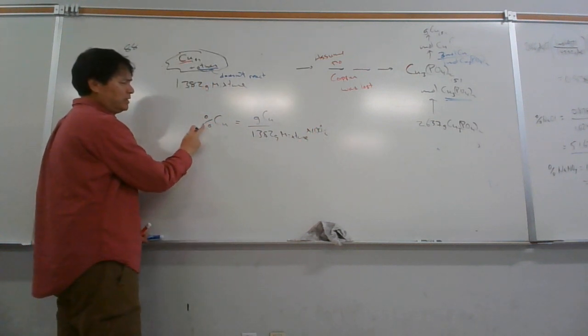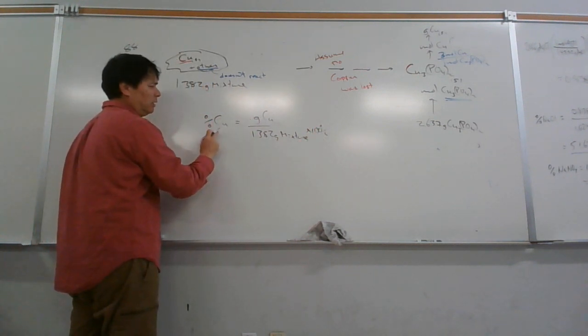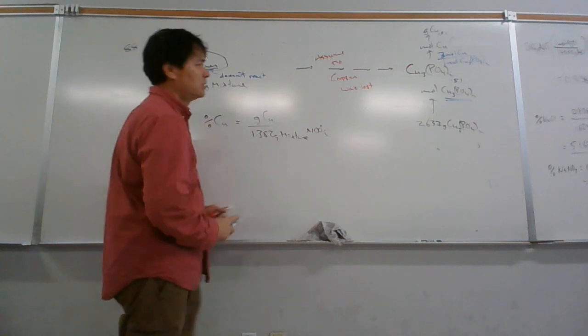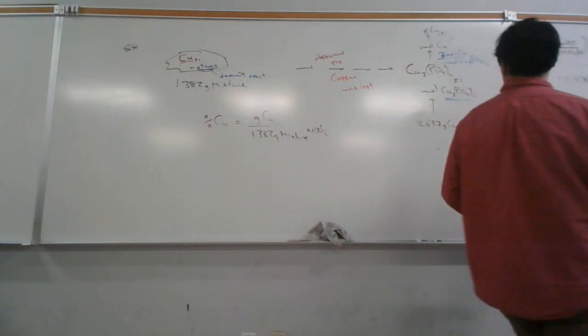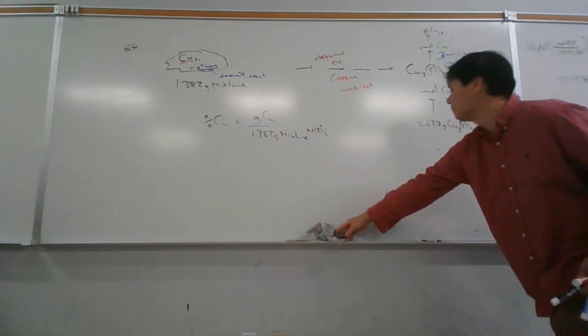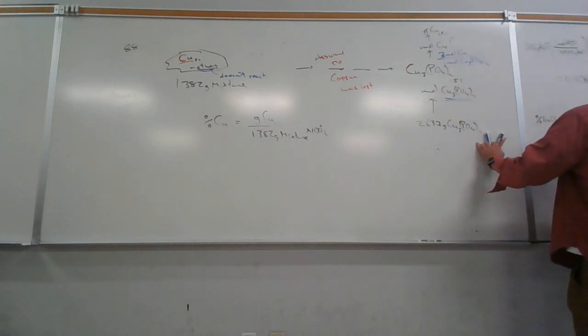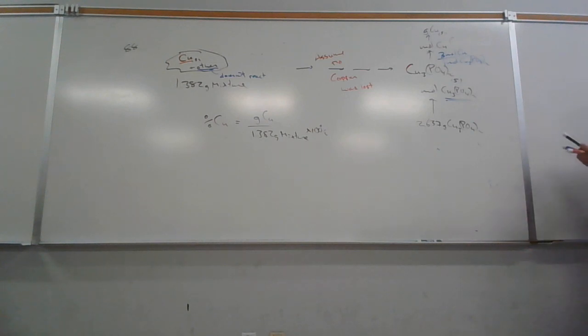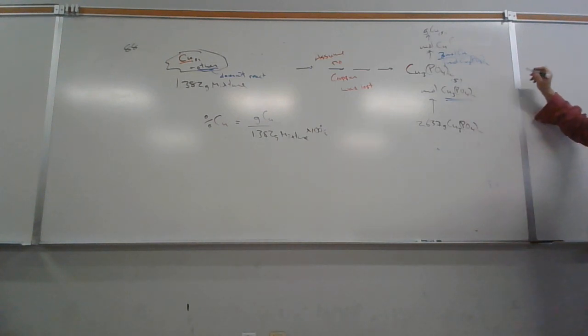In other words, the percent of A is equal to the grams of A over the total grams. So this is going to be a 2-step calculation. The first step is to figure out how many grams of copper we have. So we'll use some stoichiometry for that.